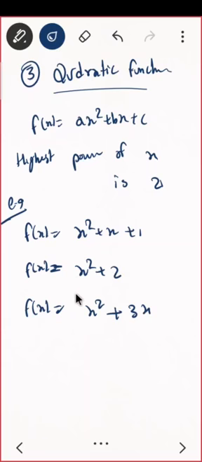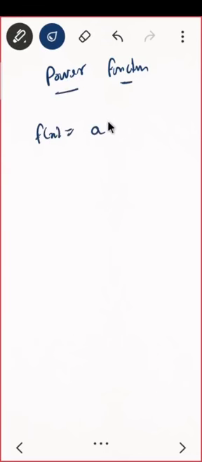Okay, and one more, most often we don't use that, but if you want we can consider that also. That is the power function. Power function means f of x will be ax raised to n, where n is any positive integer, starting from 1, 2, 3, 4, 5, 6, anything.